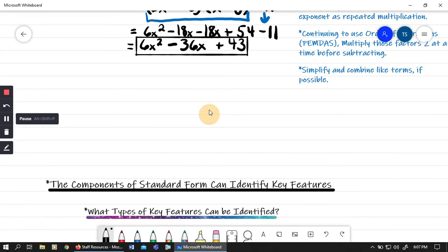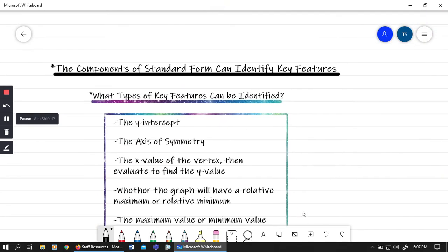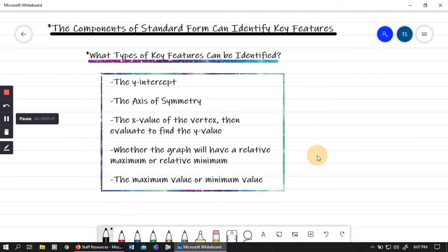So, guys, when we're talking about certain key features that can be identified using the standard form, what types of key features can be identified? You know what, y'all? That's a good question.